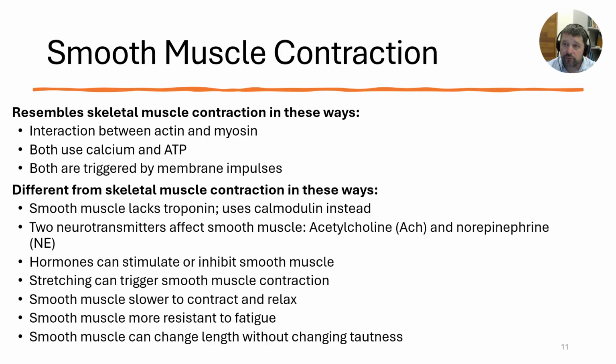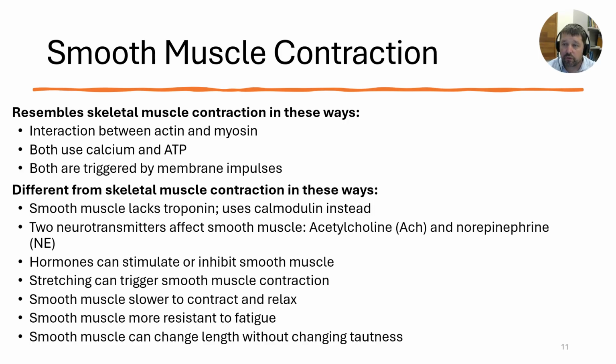There are two neurotransmitters for smooth muscle. Acetylcholine, the same neurotransmitter as in skeletal muscle, but now norepinephrine is another one that will transmit a reaction from smooth muscle.